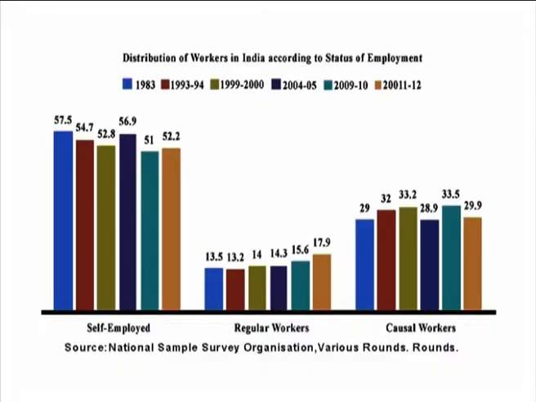These trends can be observed from figure 3. The figure shows that the proportion of self-employment in total workers has always remained more than 50%. It has declined from 57.5% in 1983 to 52.2% in 2011-12.